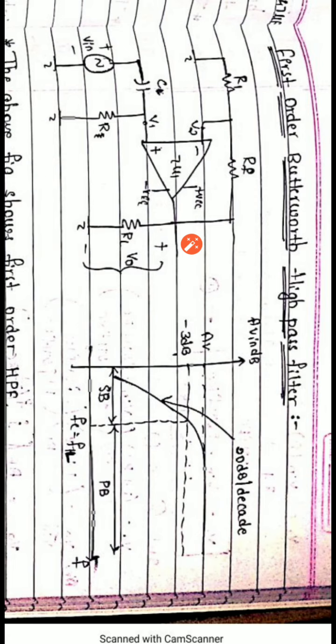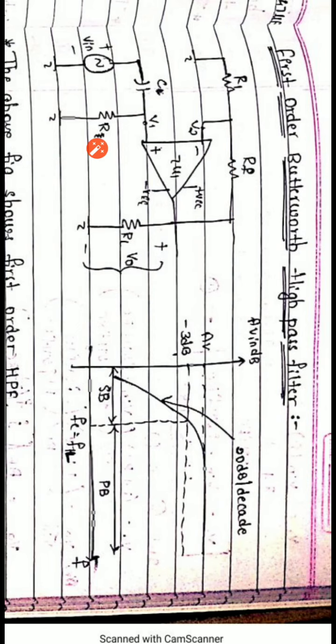As the frequency increases, the reactance of the capacitor starts decreasing, and when it reaches the frequency called FL, we call it the cutoff frequency, or the lower cutoff frequency. At this point, for a particular reactance value of the capacitor, the input signal starts flowing through the circuit and is available at the output.